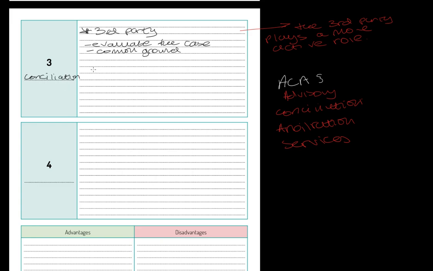ACAS will usually get involved if it's an employment dispute. Obviously they do get involved with other things, but that's where they mainly come in.